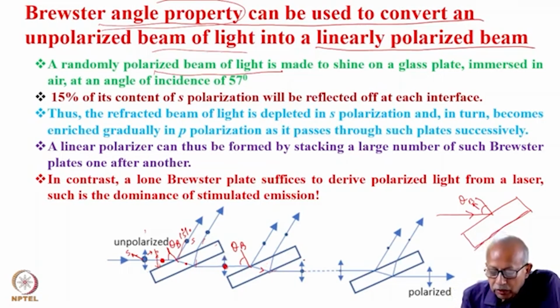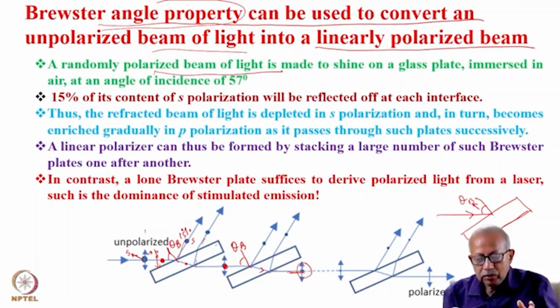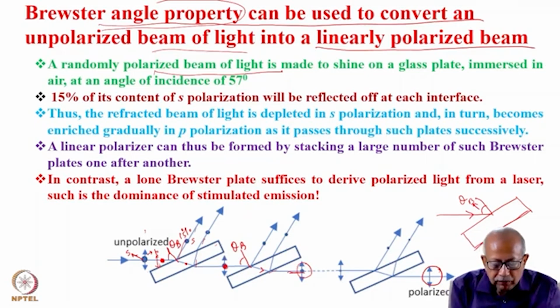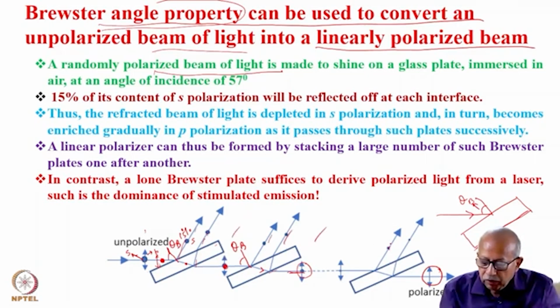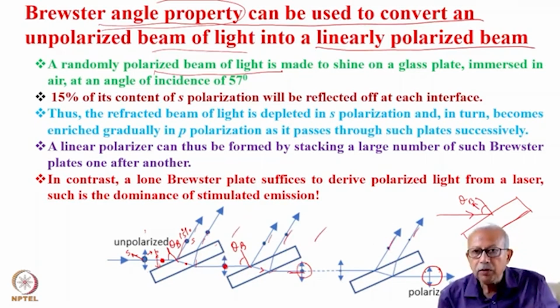So this way you see the refracted light, that is, the transmitted light, will be gradually enriched in P polarization because it will be gradually depleted of S polarization. And if you stack up a number of such plates, then eventually you will get purely P polarized light, and S polarized light is gradually reflected away from the main beam.